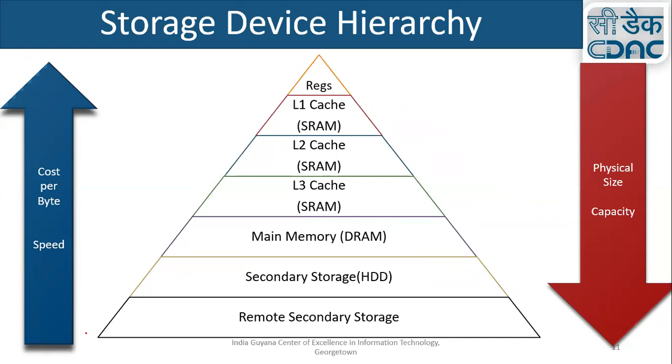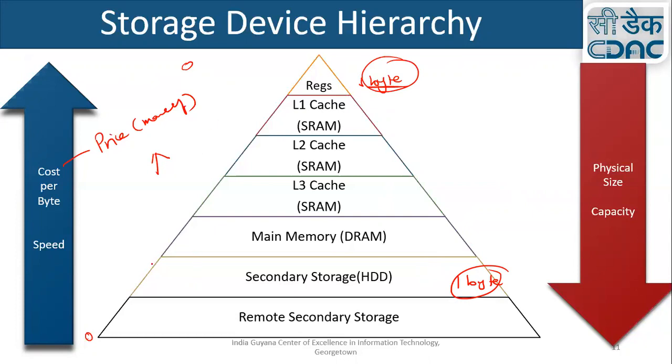As you move to the top point, the cost, or price in terms of money, to store 1 byte of data increases. So to store 1 byte in a register and to store 1 byte in your hard disk, the price is much more in the register.